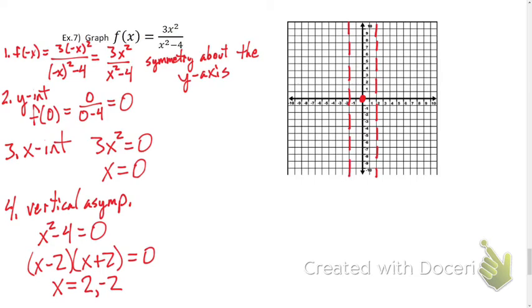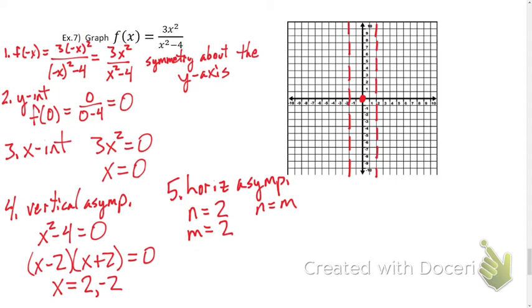All right, let's see horizontal asymptotes. This is where you compare the degrees of the numerator and denominator. So in this one, the numerator has a degree of 2, and the denominator also has a degree of 2. Since those are both equal, that's scenario 2.